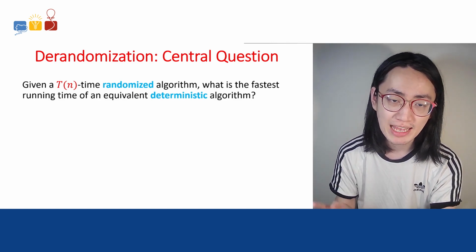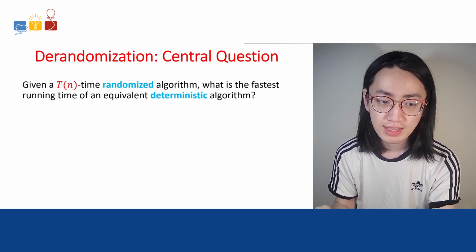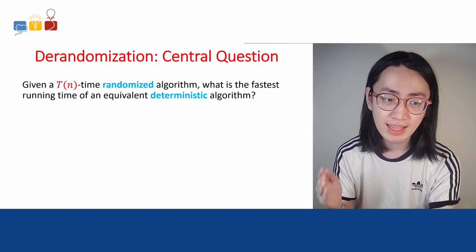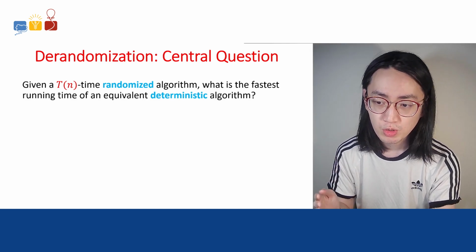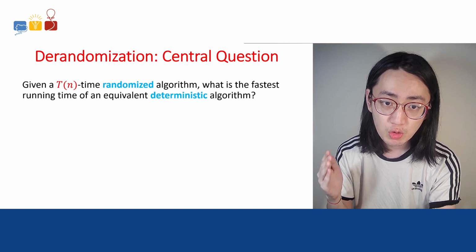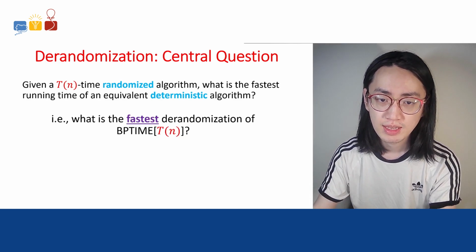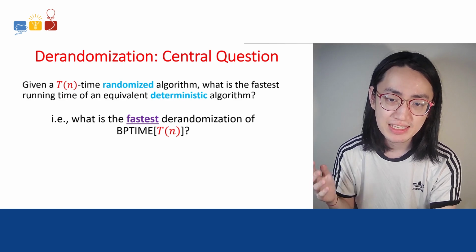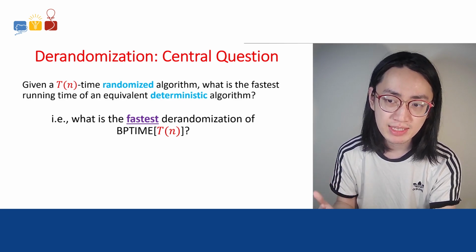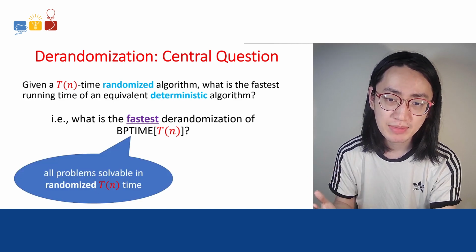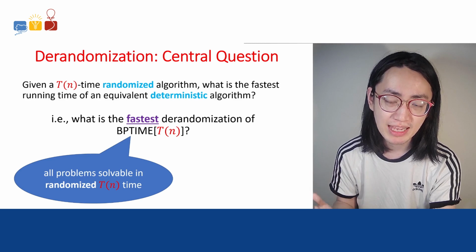More formally, given a T(n) time randomized algorithm, where T(n) measures the running time of this randomized algorithm on n-bit inputs, what is the fastest running time of an equivalent deterministic algorithm? In other words, what is the fastest derandomization of the complexity class BPTIME[T(n)]? We use BPTIME[T(n)] to denote all problems solvable in randomized T(n) time.